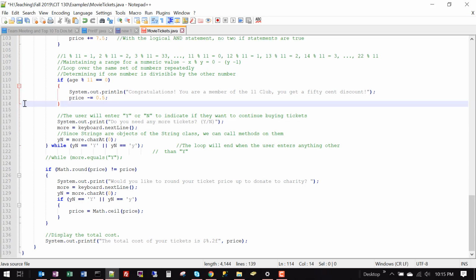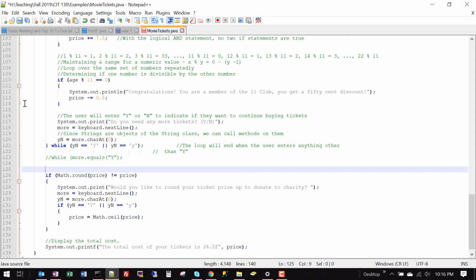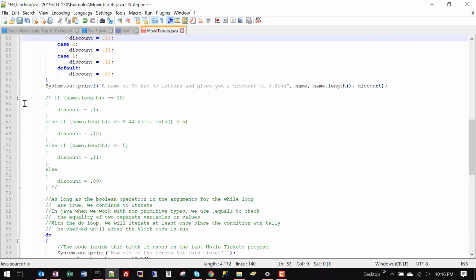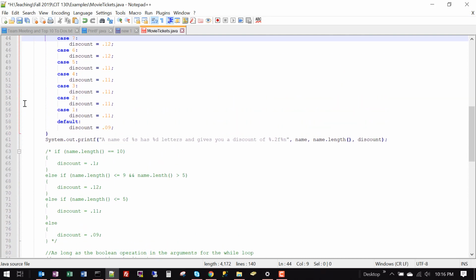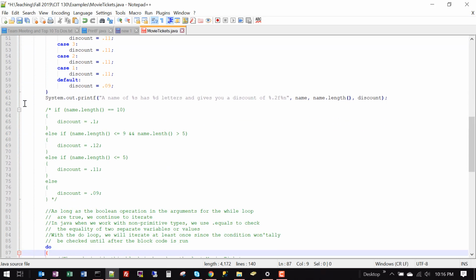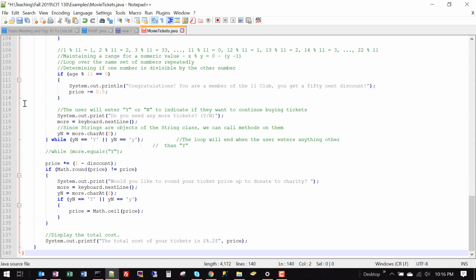What I found was that I was asking that question in the wrong place. So what I really want to do is this: the switch statement sets the discount, and then this goes out here.